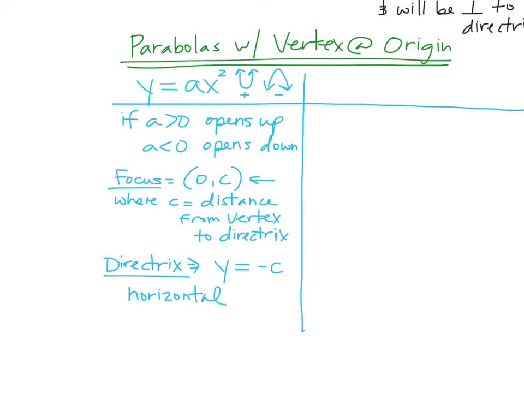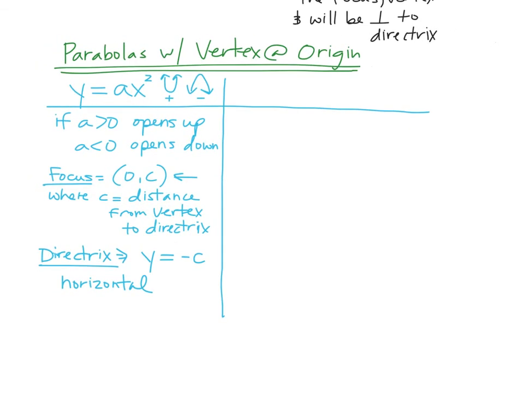All right, then the other one is going to be just flip-flopped of that. X equals a times y squared. So we're just flipping our x and our y around, and these ones are going to open to the right and to the left, okay?